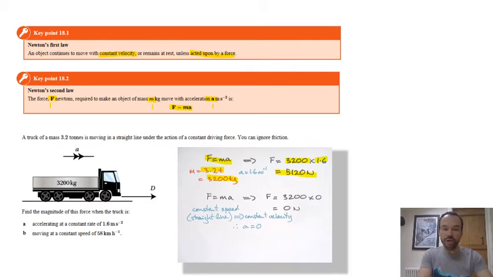In part b, a constant speed in a straight line, and it does say straight line, would imply constant velocity, which implies the acceleration is zero. That state is called equilibrium, and so F is zero. It'd be important to say that's the resultant force, but if we're ignoring friction, that's also the driving force. So the F in F = ma is a resultant force.